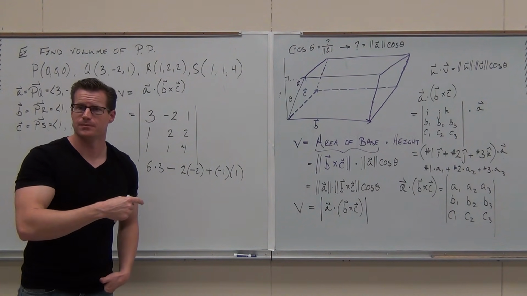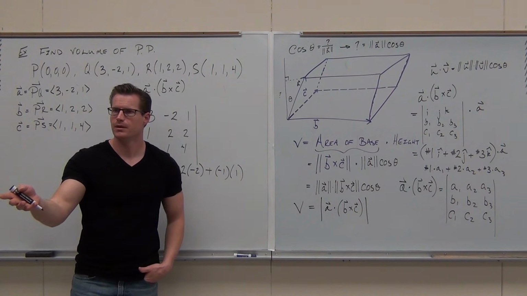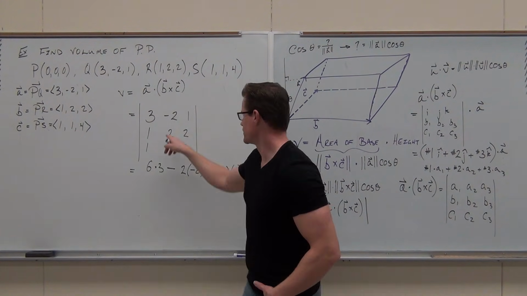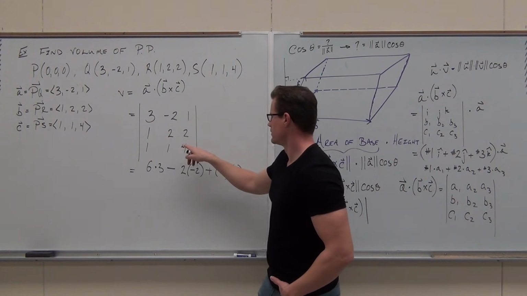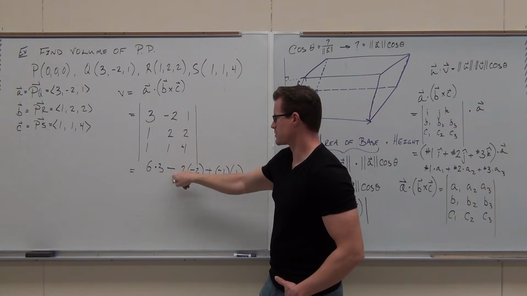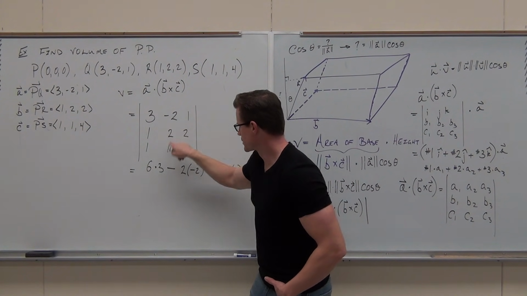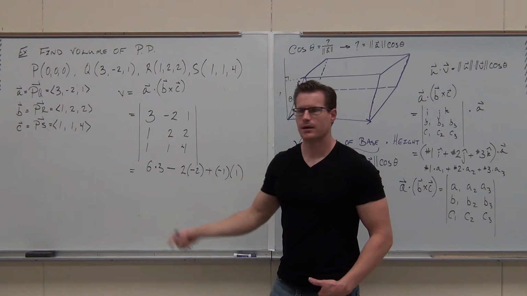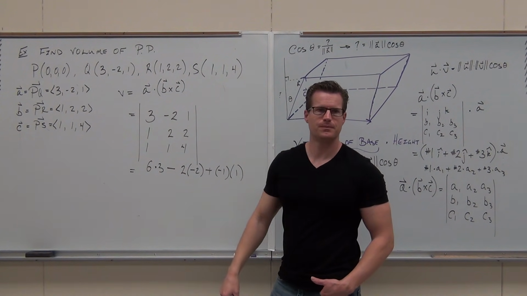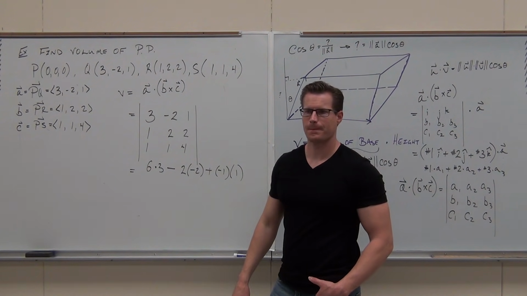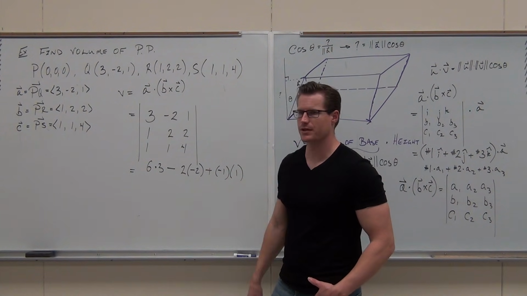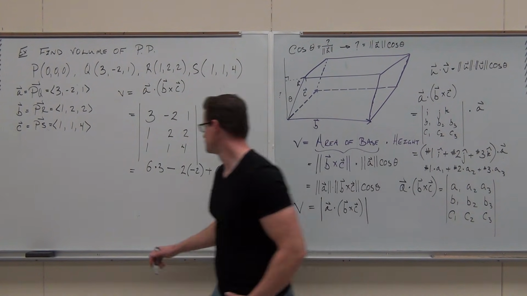Can you do that? Can you guys do that? Are you guys seeing where the numbers come from? Do you see how we do determinant 3, determinant negative 2, make sure the minus is there, then determinant times 1. How much does all that stuff give you? I got 18 plus 4 minus 1. 21.